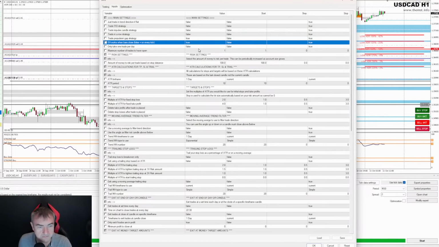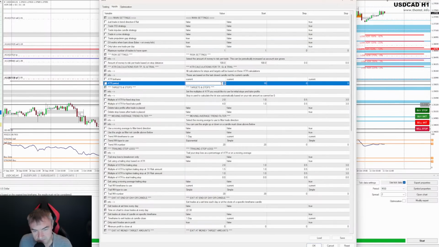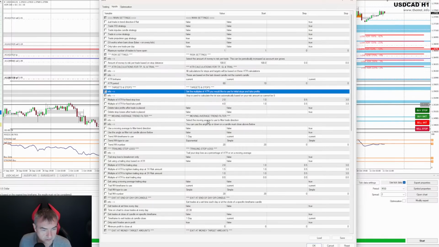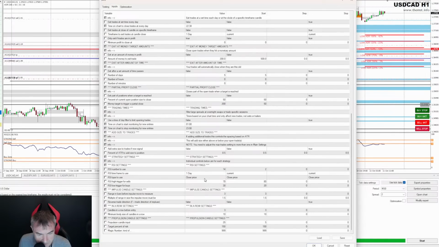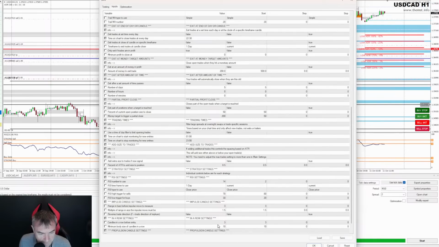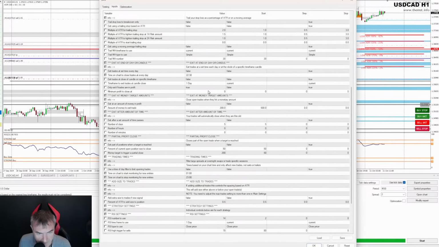So getting in propulsion trades, current ATR, let's use ATR 60 for a change. Propulsion is 25, targeting 1.5 R. I think that's it, isn't it?